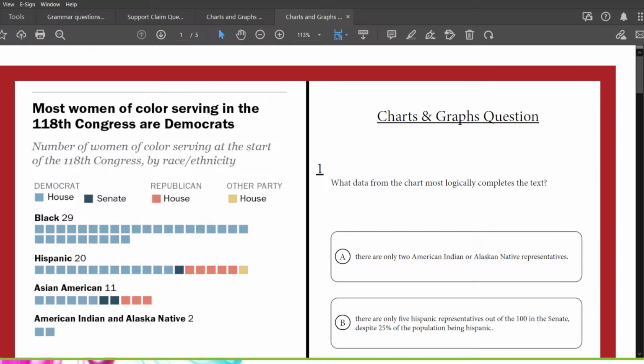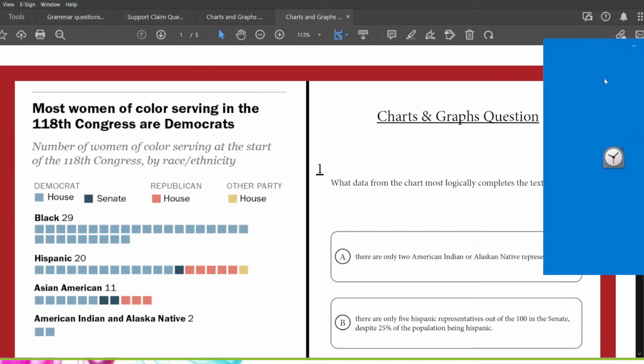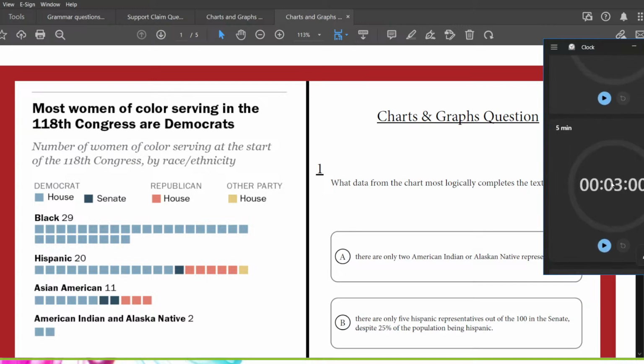So if we can do 5 in a row really well, we're going to be really well set for the test. I'm going to put 2 more minutes on the clock, and then we'll check our answers.